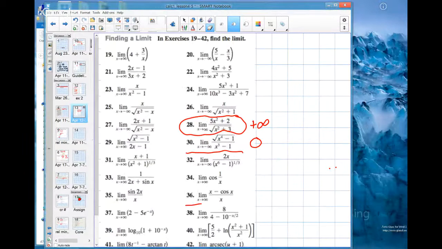How about 36? Get a little trig in here. Okay, the power rule, I've got to think about this. I don't know if we can use the power rule here. As x approaches infinity, you've got infinity minus the cosine of any angle, no matter how big, can only be somewhere between -1 and 1.